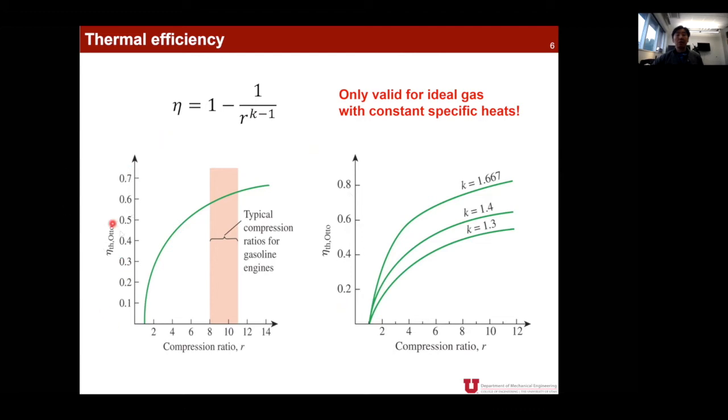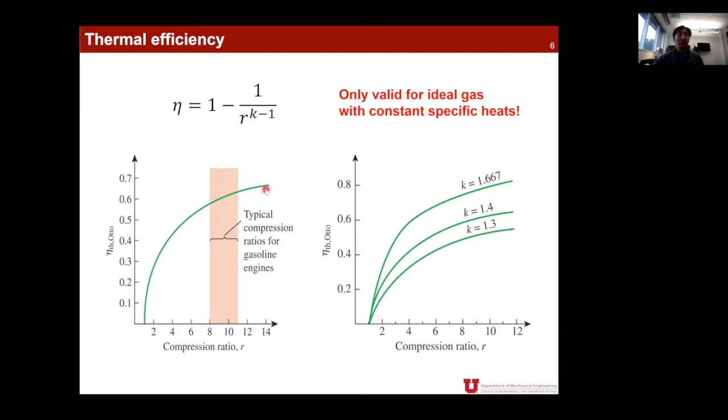The thermal efficiency of the ideal Otto cycle is a sole function of compression ratio. That's why I said before that the compression ratio is the key design parameter of your spark ignition engine, because it tells us how efficiency can change with your compression ratio decision. And it increases as the compression ratio increases.